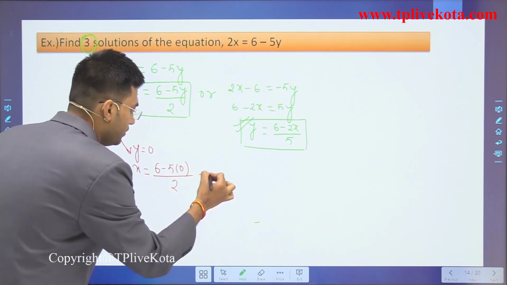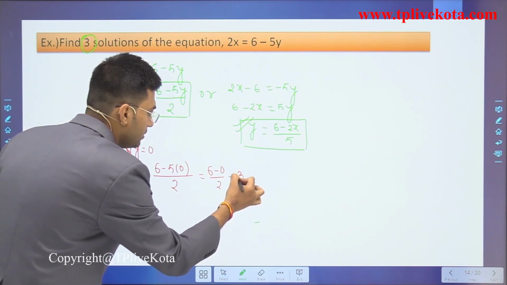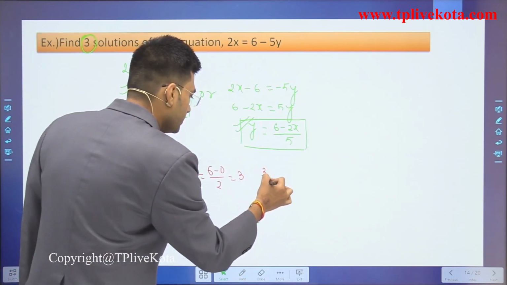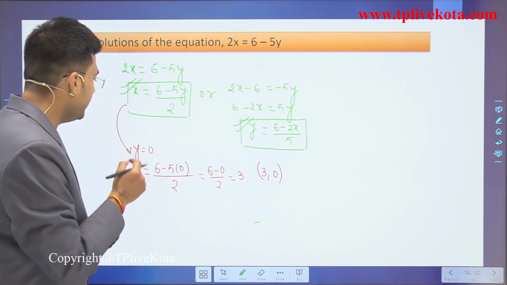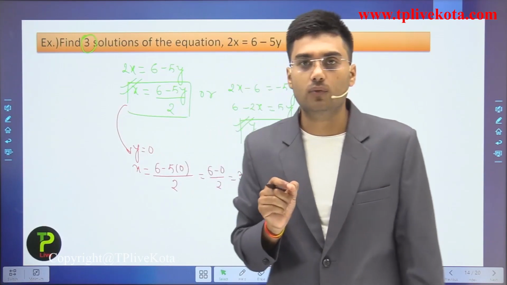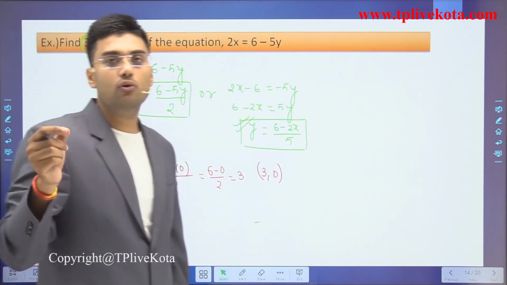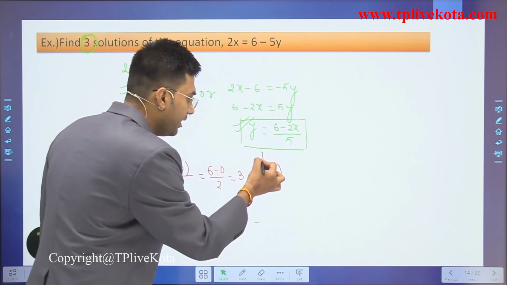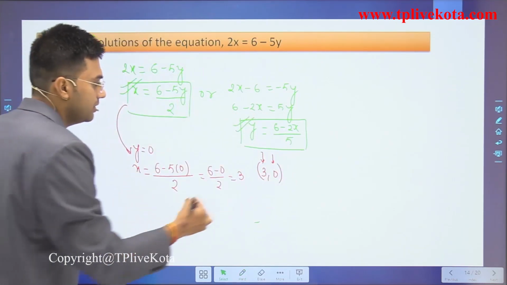So that is equal to (6 minus 0) divided by 2, that is equal to 3. So we can say that (3, 0) is a solution of this equation. And students, here we can put any real value of y. To represent the solution in the form of an ordered pair of x and y, first we write the value of x, then we write the value of y. Clear? Now this is the first solution.